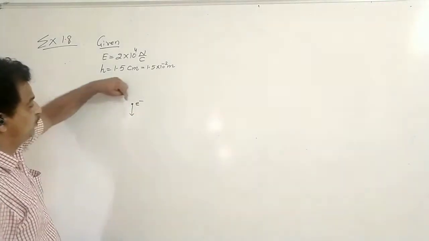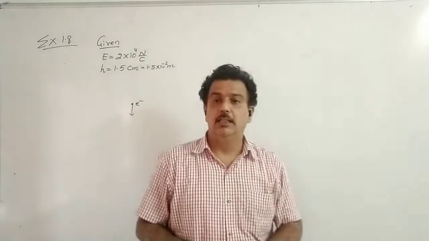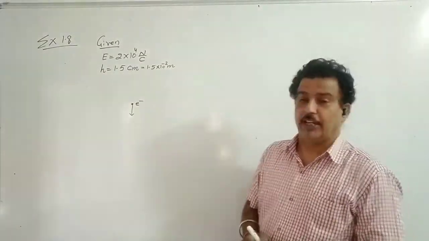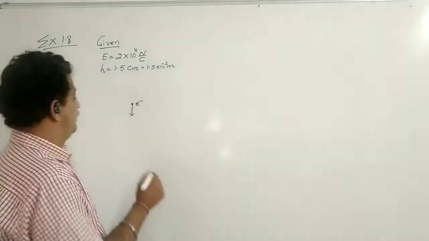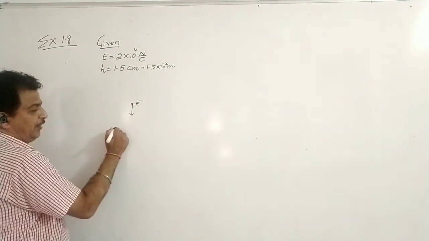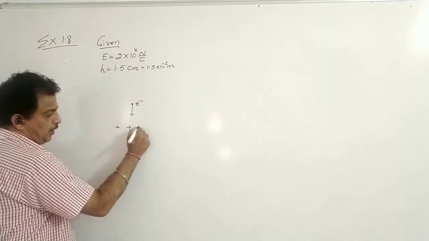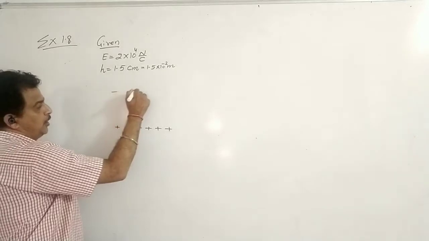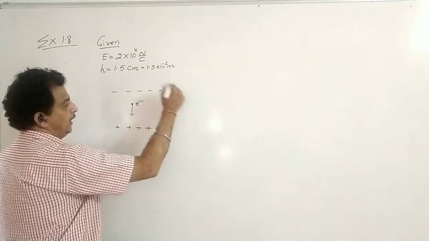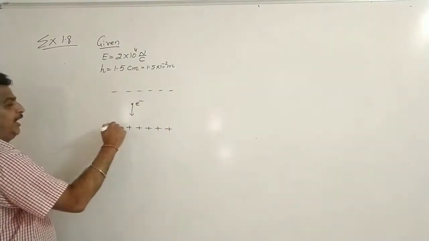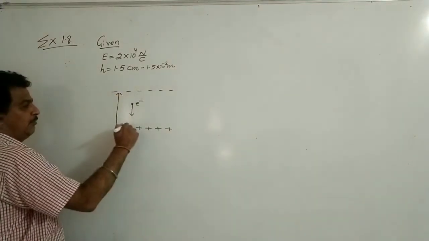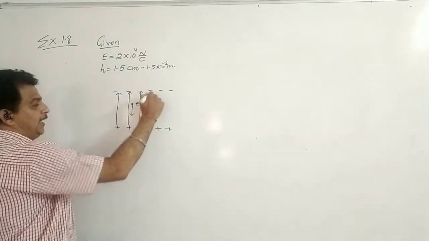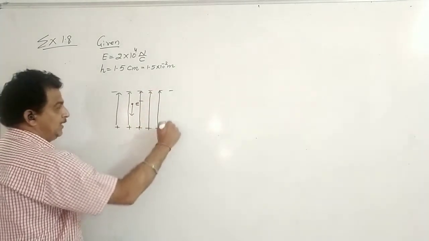Now if the electron is falling downward and the effect of gravity is neglected, then for a uniform field, the downward portion should be positive and the upward portion should be negative. Then the electric field lines can be drawn. We know the electric field lines emerge from positive charge and terminate at the negative charge. So these are the electric field lines.